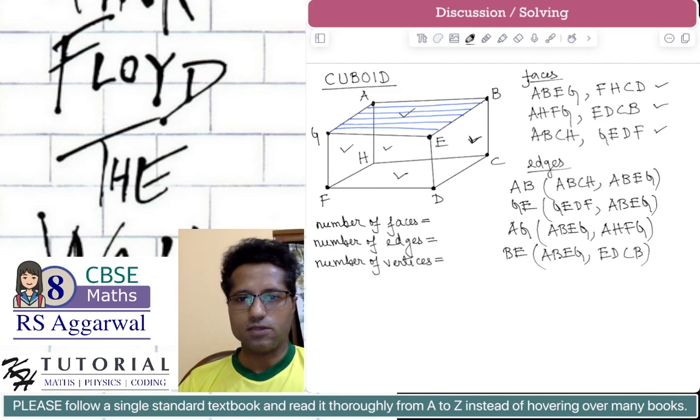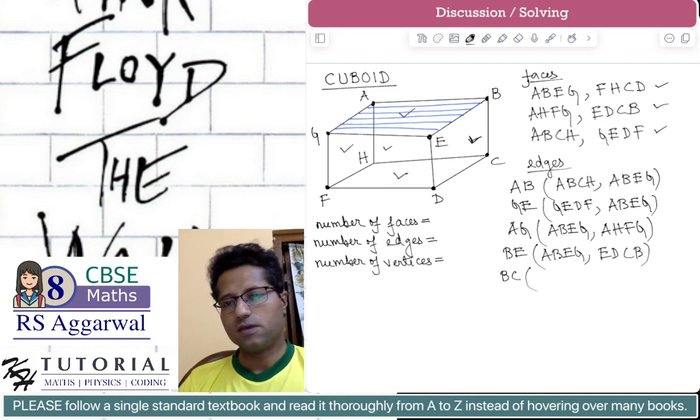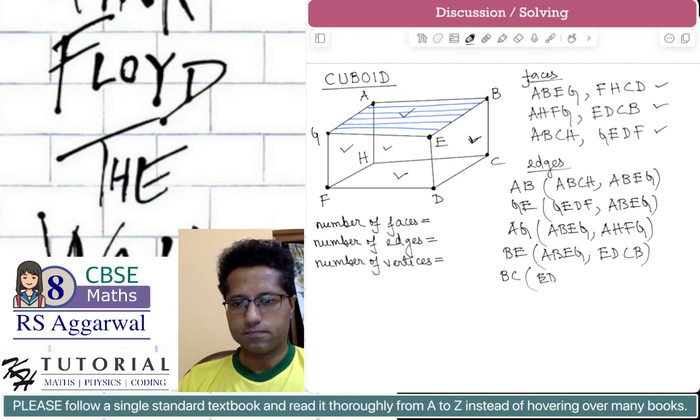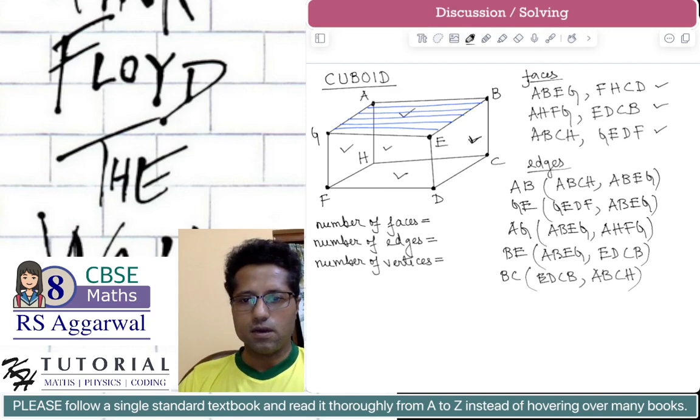Okay, now let's consider the edge BC. What are the two common faces that meet at the common edge BC? Of course, one will be EDCB, and we are considering BC, so the other will be ABCH. Okay, let's consider the edge CD.